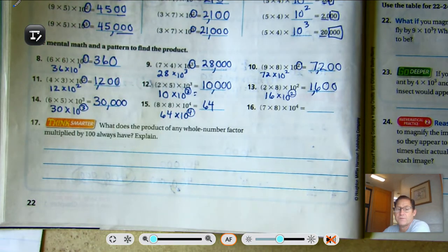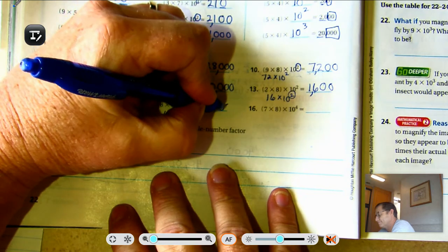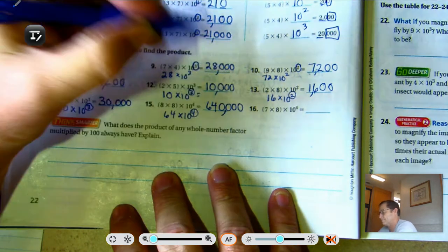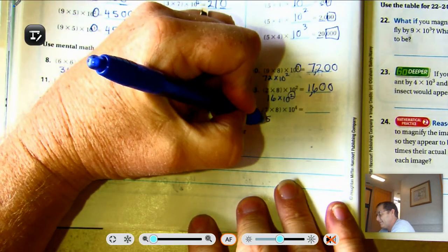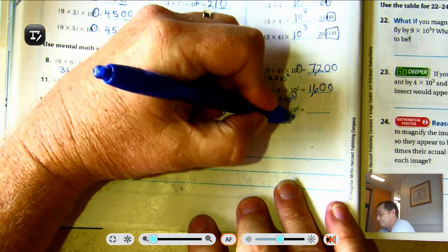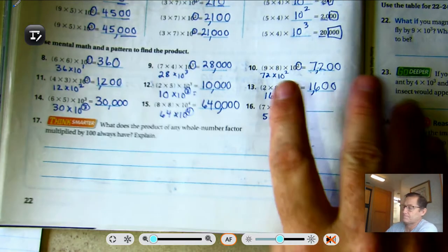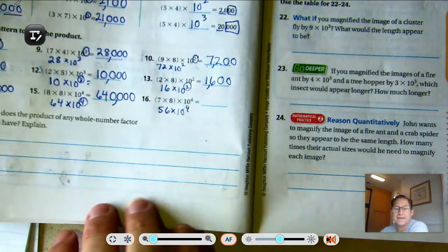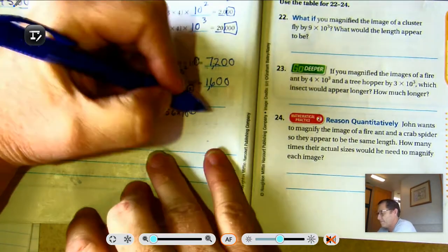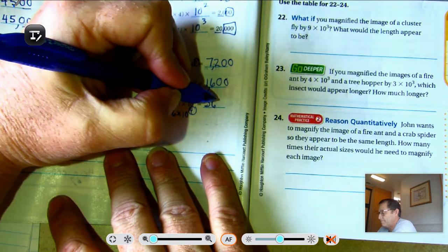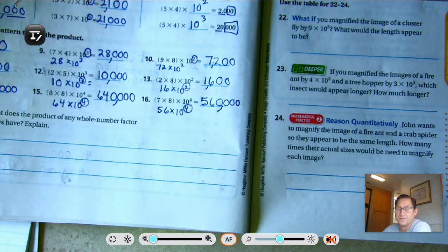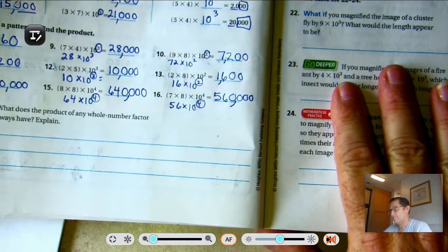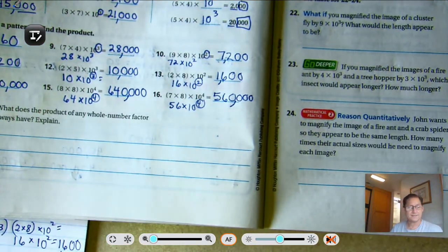And how many zeros will I put after it? 4. 7 times 8, 56, times 10 to the fourth. 560,000.